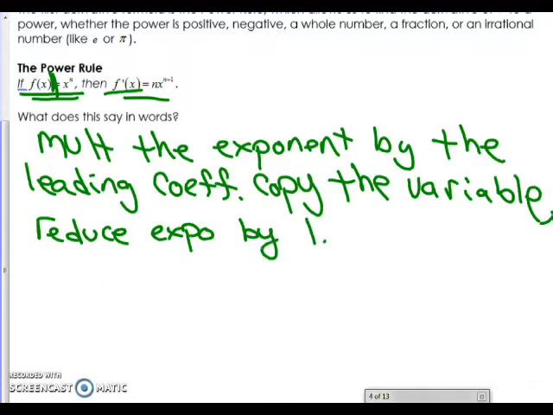That kind of sounds like more work than it is in practice.